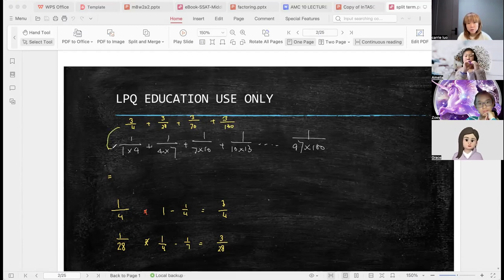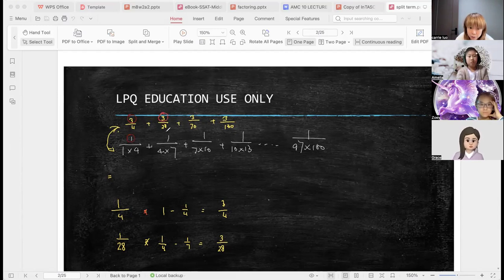So what are the differences between these two questions? Zoe? The top one is 3 and the other one's 1. Okay, Amelia, I think you're looking at something else, okay?